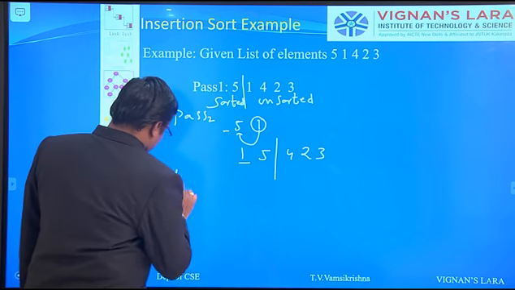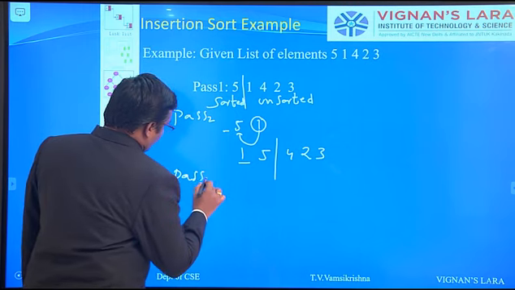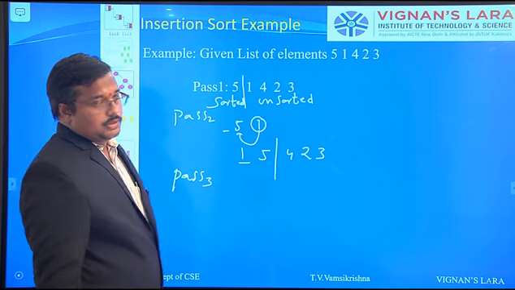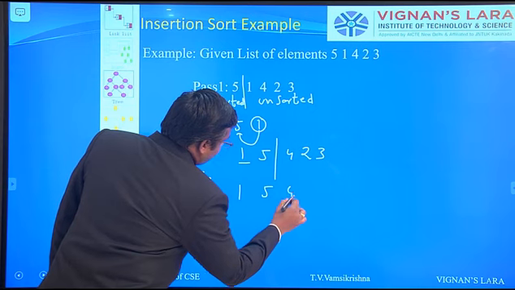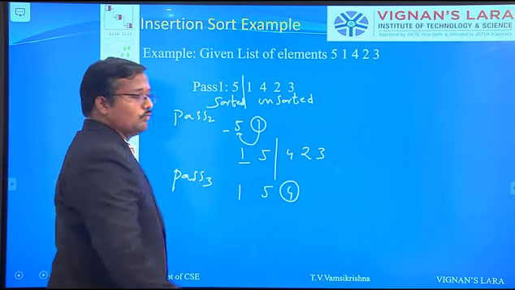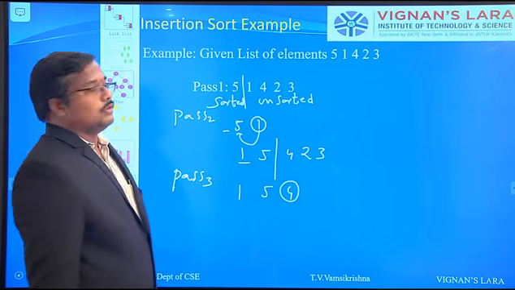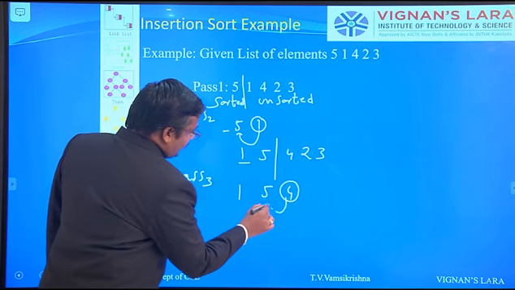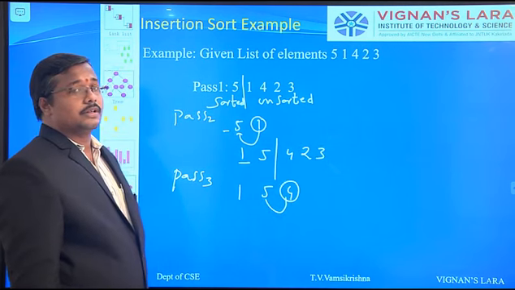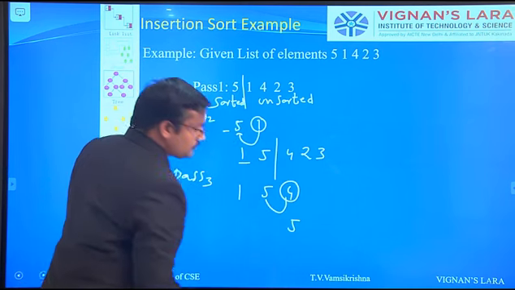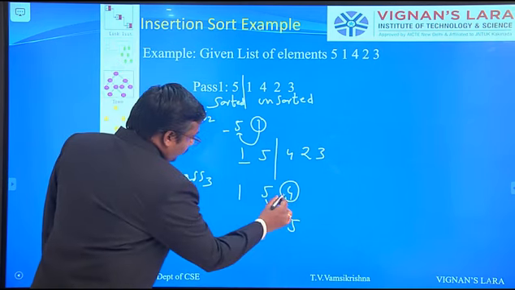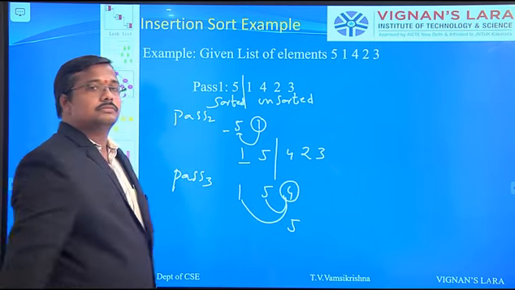So go for pass 3. In pass 3, we have 1, 5, and at this time our element is 4. So 4 is compared with 5. Not a right match, so 5 is copied here. Then 4 is compared with 1.